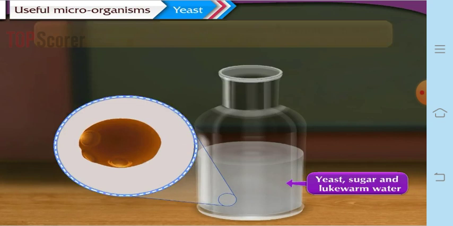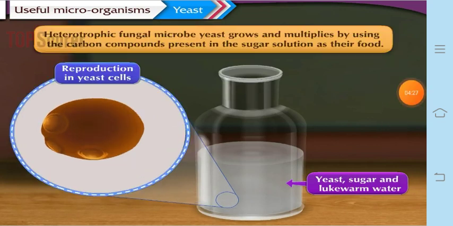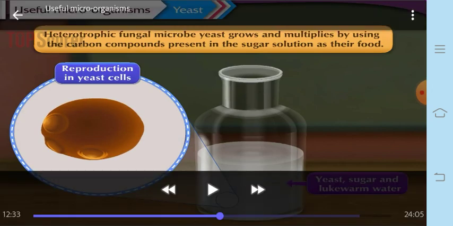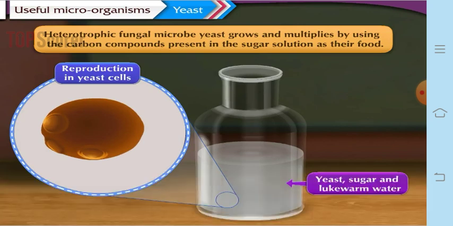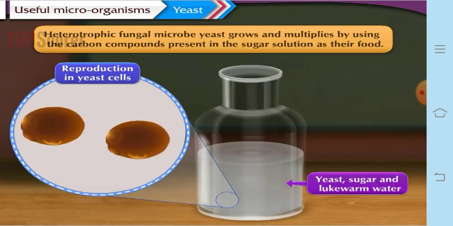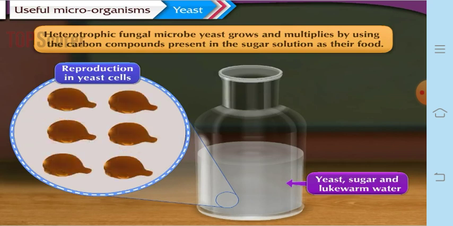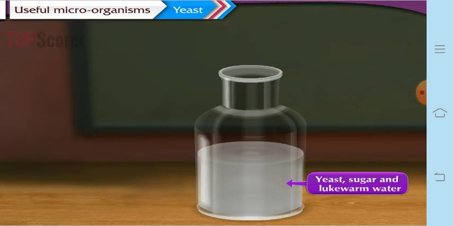Okay, fine. So what is actually happening here? This heterotrophic fungal microbe, yeast, grows and multiplies by using the carbon compound present in the sugar solution as its food.